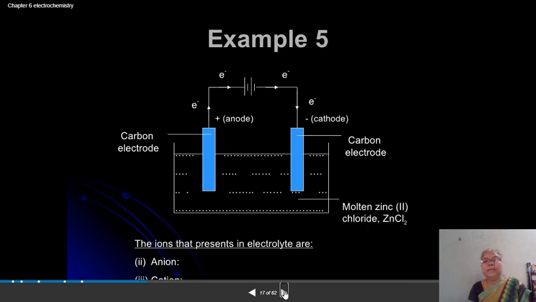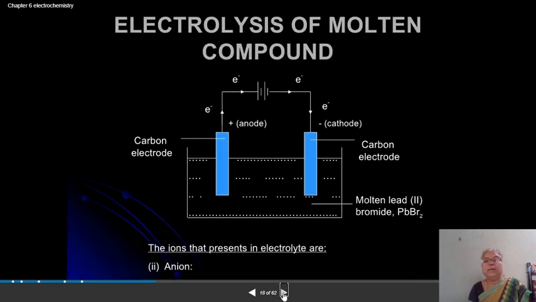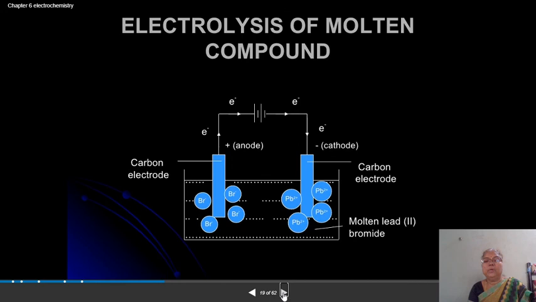Then in case of zinc chloride also, we have the discharge of Zn2+ ions and Cl- ions migrate towards the anode. Then the next example, we have molten PbBr.